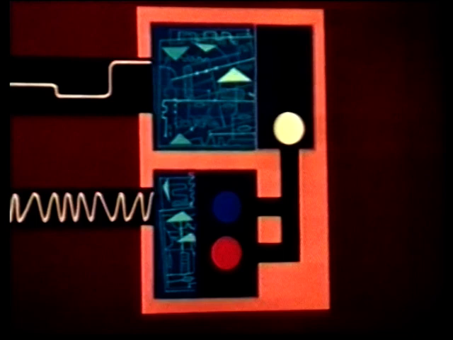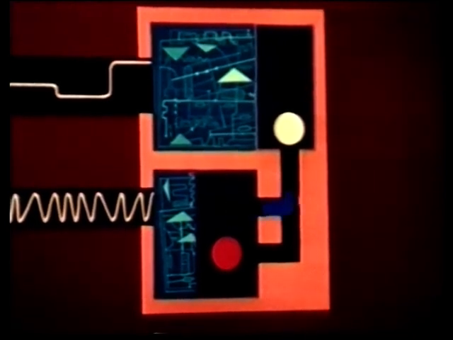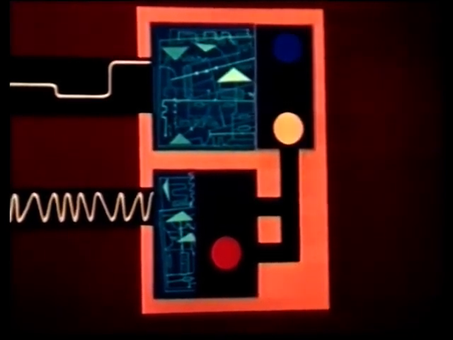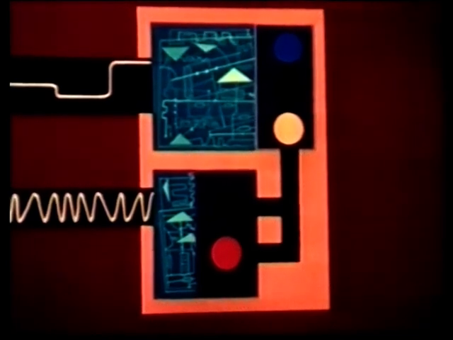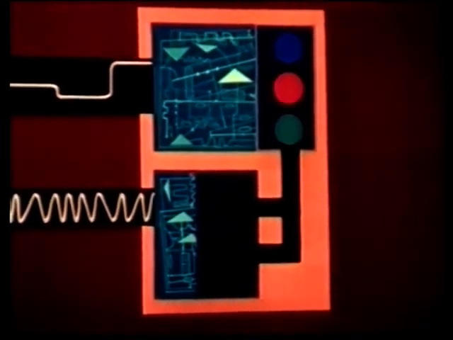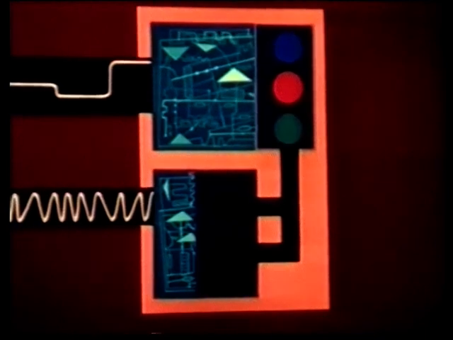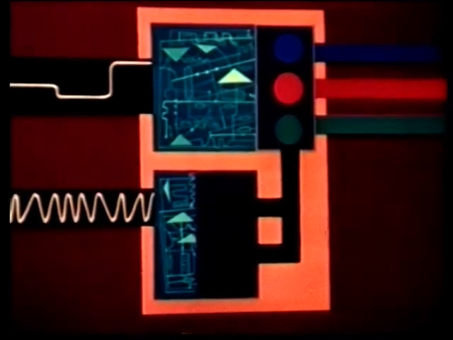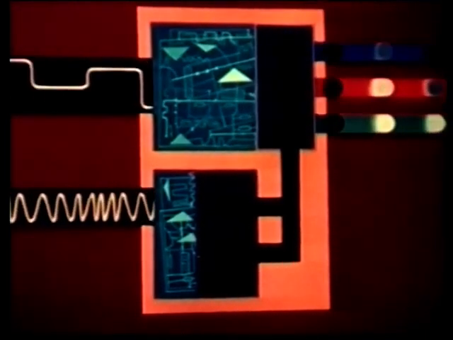Therefore, if we take only the blue and red signals and subtract the blue from the white, we obtain yellow. And red, subtracted from yellow, gives green. In this way, the three original color signals are reobtained.